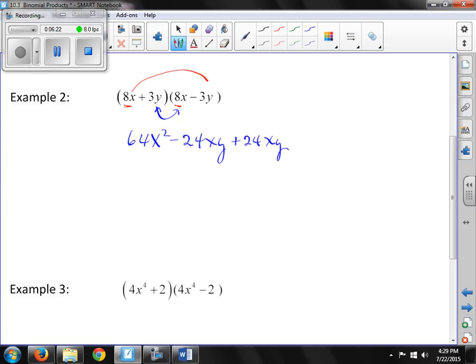It is customary to alphabetize letters if you have different ones, to put them in alphabetical order so they'll look alike every time. And then I'll multiply my last terms together, 3y times negative 3y, and that would give me negative 9y squared. So I have 64x squared, and notice again, negative 24xy and positive 24xy add up to 0, so I'll have 64x squared minus 9y squared.